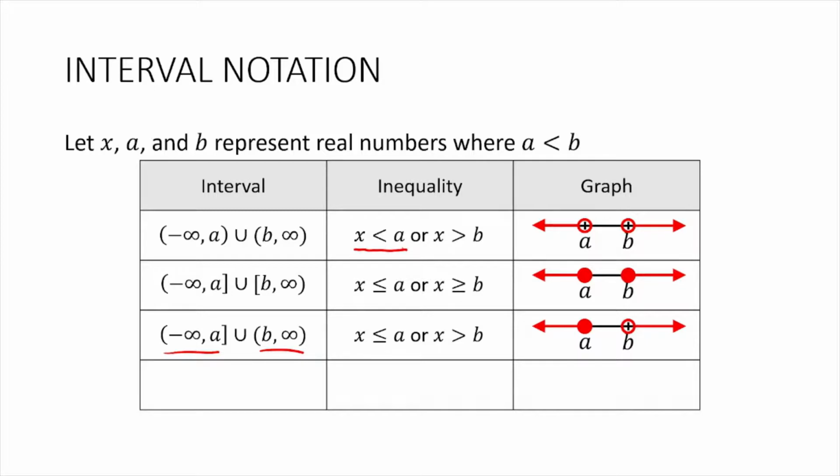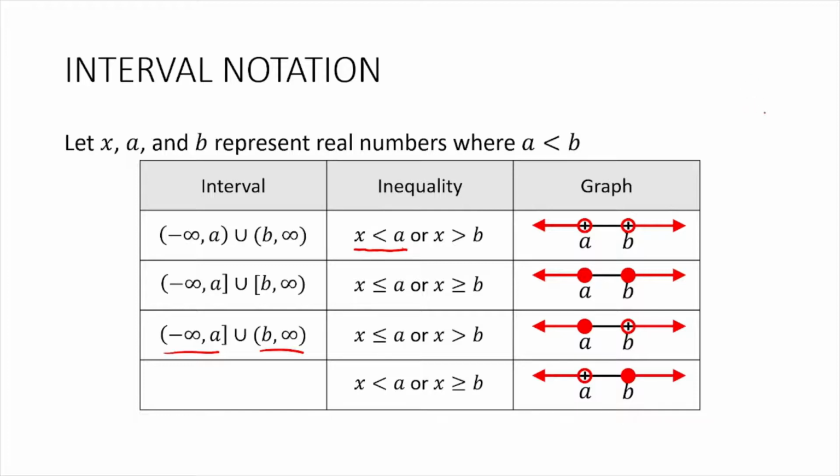Then lastly, let's say x is less than a, or x is greater than or equal to b. Again, from a, this time a is not included, and we go to the left, going to negative infinity. And then from b, this time b is included, so we go from b to positive infinity.